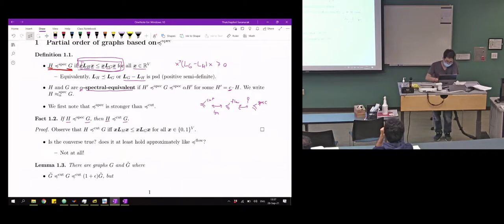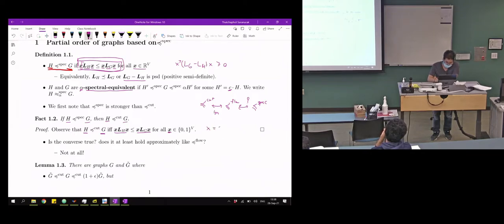This is because when you say that H is less than G, cut is just a special case of spectral, when you compare this and you only set x to be a 0, 1 vector.